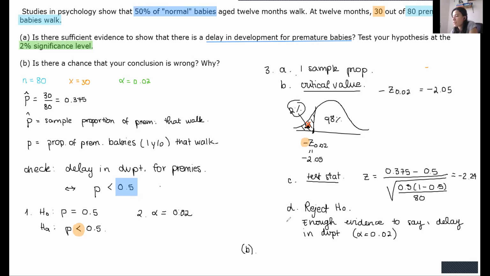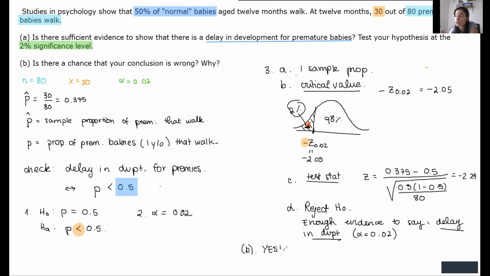Okay, and so based on this, is there a chance that your conclusion was wrong? So we concluded, yes, there's a delay in development. Is there a chance that your conclusion is wrong? Yes, of course. There's always a chance that I made a mistake. Because there is still the possibility that my sample comes from a population of premature babies from which 50% walk when they are 1 year old, but the sample that I chose of 80 premature babies actually just happened to be a sample in which babies hadn't yet walked, right?